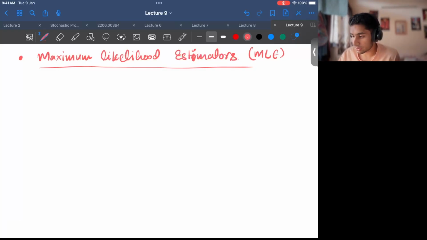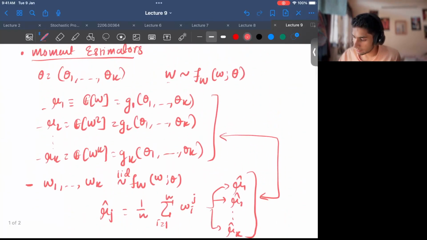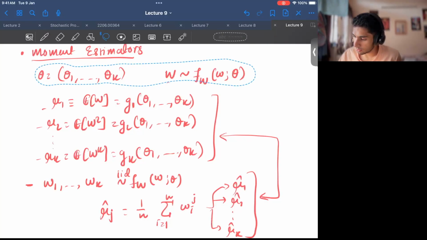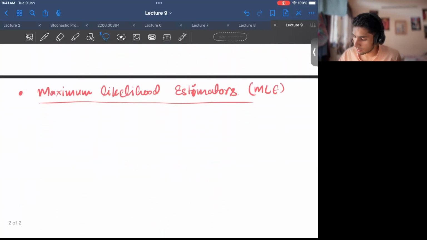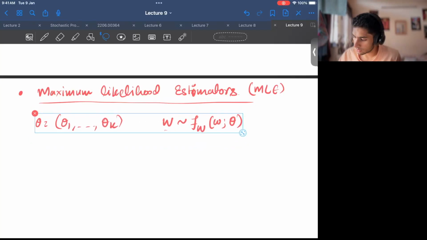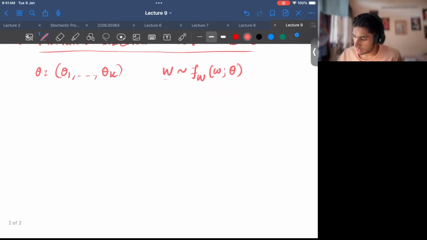So again, the setup is the same, right? I'll just copy this, paste it here. Now you have these unknown parameters and you have this parametric distribution.